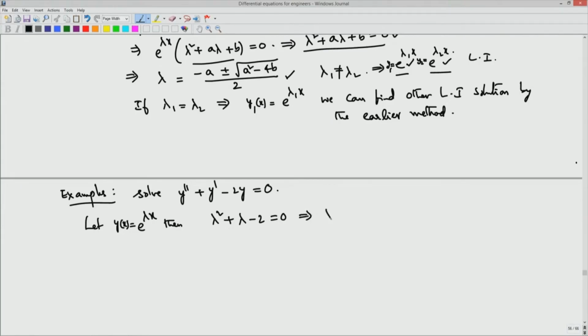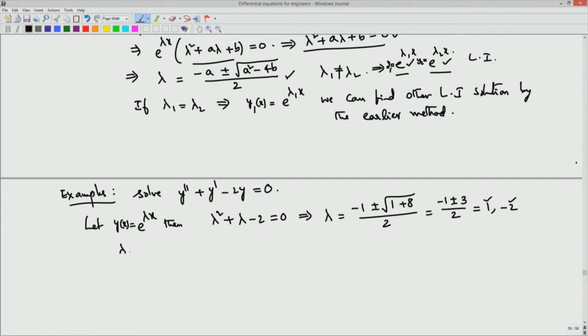This will give me the roots lambda equal to minus 1 plus or minus square root of 1 plus 8, divided by 2. So, this will give me minus 1 plus or minus 3 by 2. This will give me 1 with plus and minus 2 is the second root. So, these are the two roots.